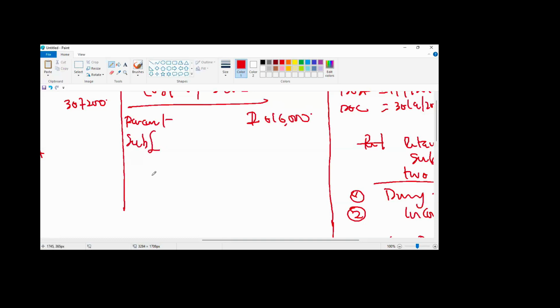Subsidiary cost of sales: 1,024,000 times 6/12.